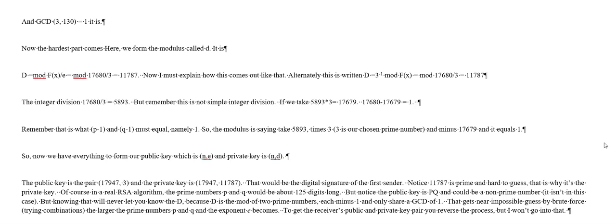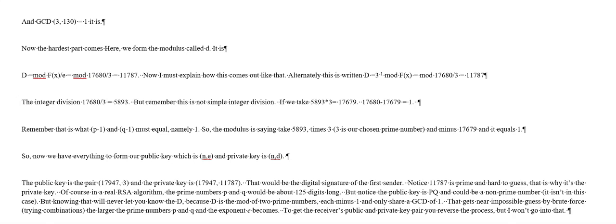It isn't in this case, but knowing that will never let you know the D, because D is the mod of the two prime numbers, each minus 1, and only share a GCD of 1. That gets near impossible to guess by brute force trying combinations. The larger the prime numbers P and Q, the larger the exponent becomes.